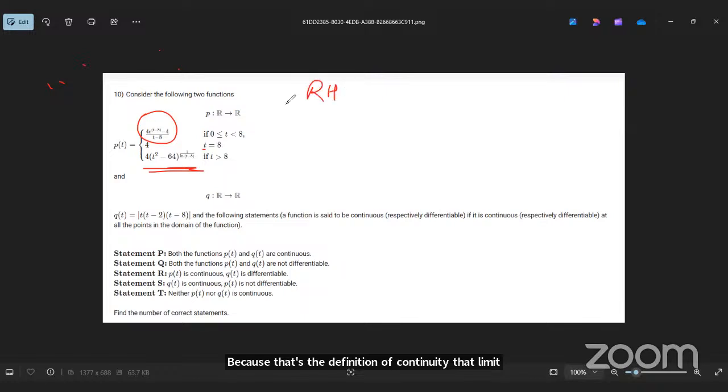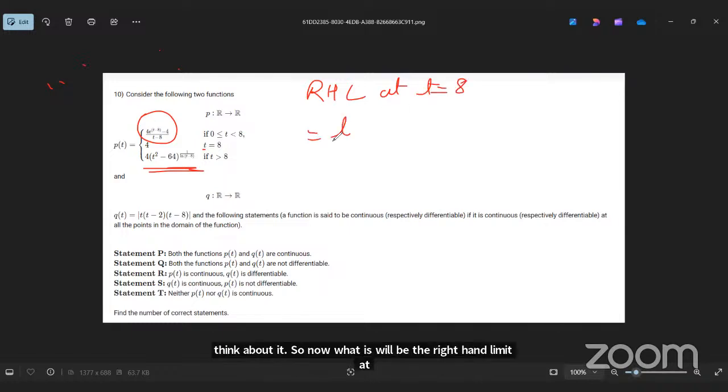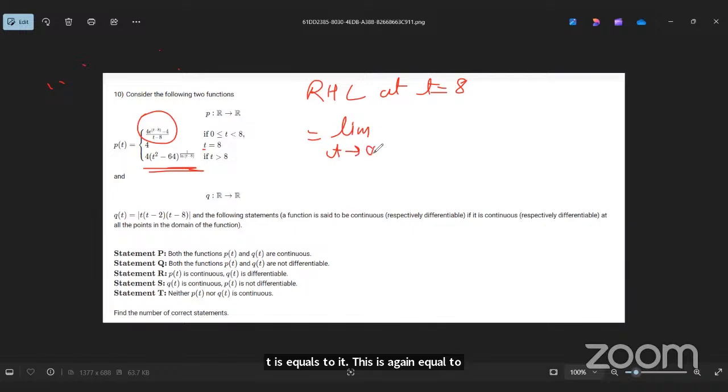Just think about it. So what will be the right hand limit at t equals 8? This is again equal to the limit t going to 8 of 4 times (t square minus 64) to the power 1 upon ln of (t minus 8).